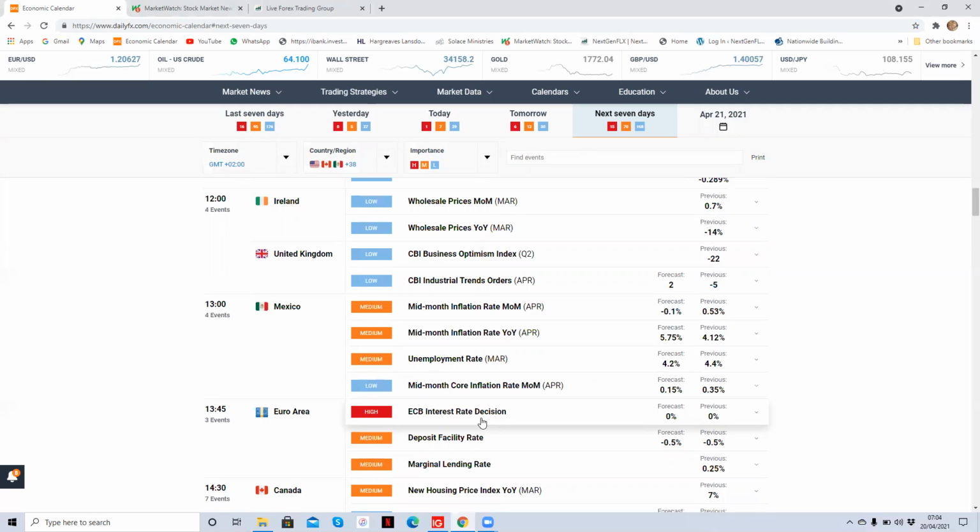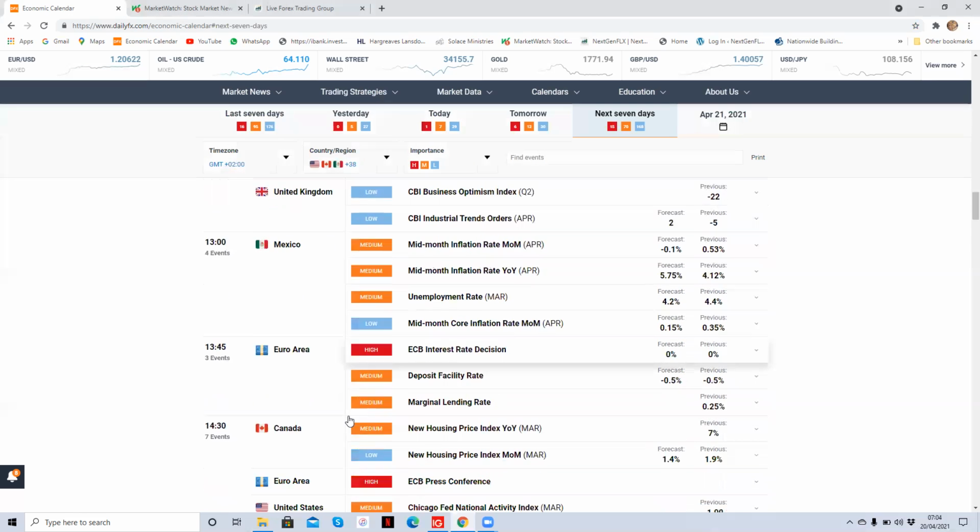And even tomorrow, I'll only have one live attempt in view of this report coming out on Thursday. In fact, I'll arrange for us to meet together on Thursday to trade this report together. So I'll post on the platform the Zoom details for us to meet and trade this report together on Thursday.